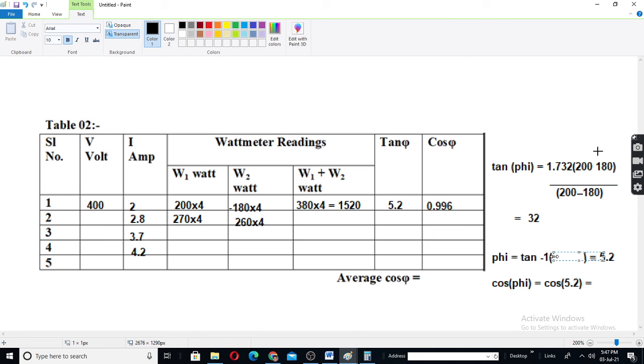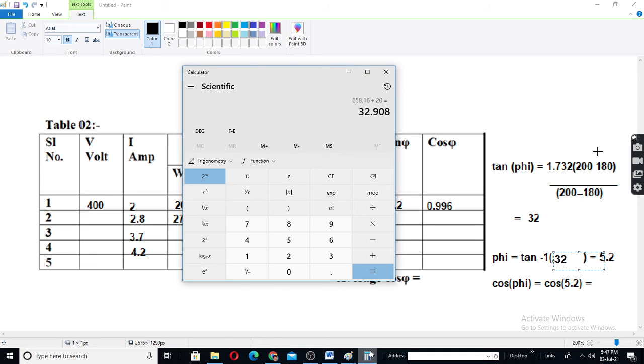Take the calculator. Type 32, then tan inverse. You will get 1.54. Sorry, it should be in degrees.